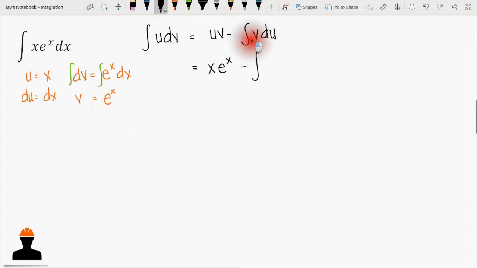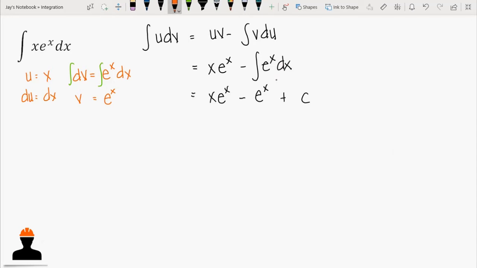Take note, our v is e raised to x, and our du is dx. So we have x e raised to x minus the integral of e raised to x dx, and if we integrate e raised to x dx, we still come up with e raised to x. Then don't forget plus c.